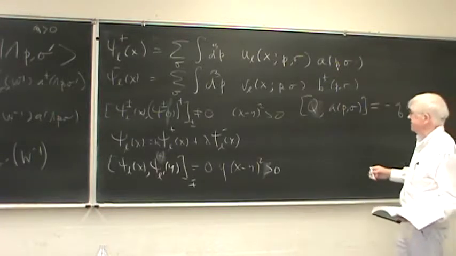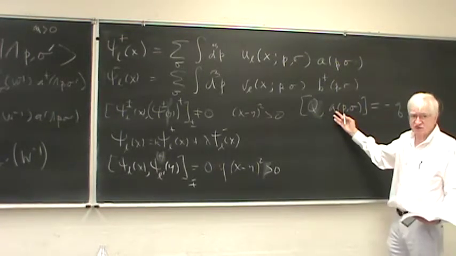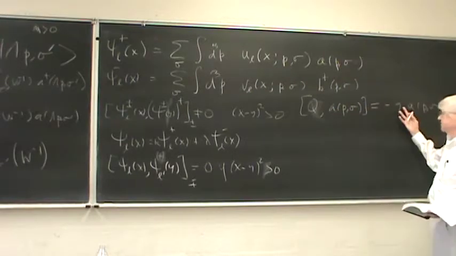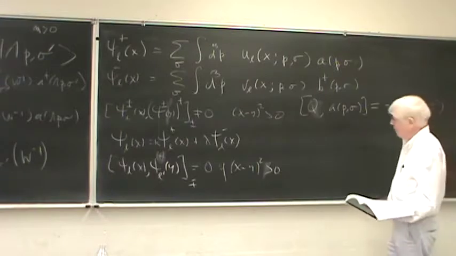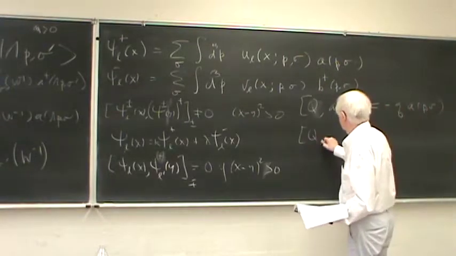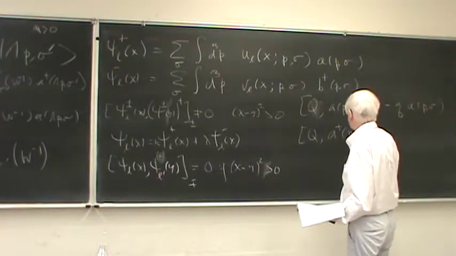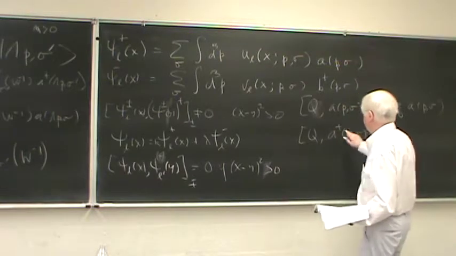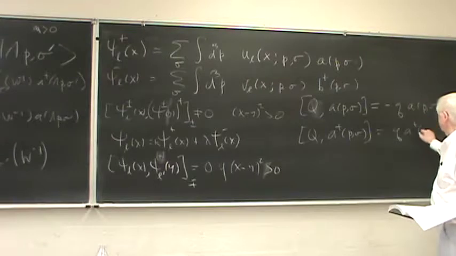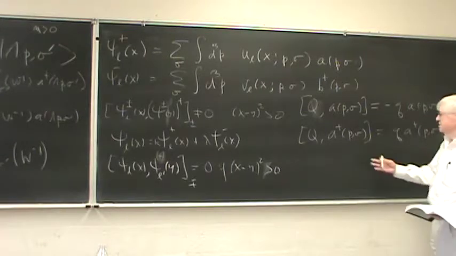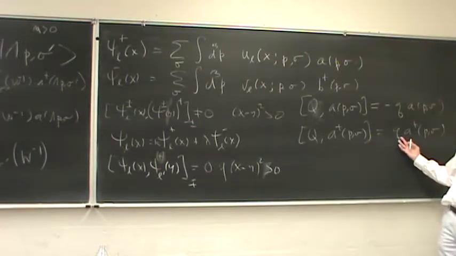So that means that if Q acts after the annihilation acts, the charge of the state goes down by q. And one would also have Q a dagger of p and sigma, that's minus the adjoint of this, so this would be q a dagger of p and sigma. So the creation operator increases the charge of the state by q. Okay.